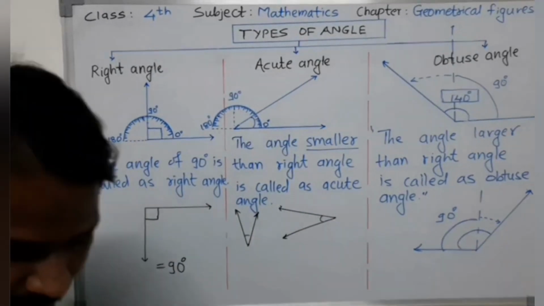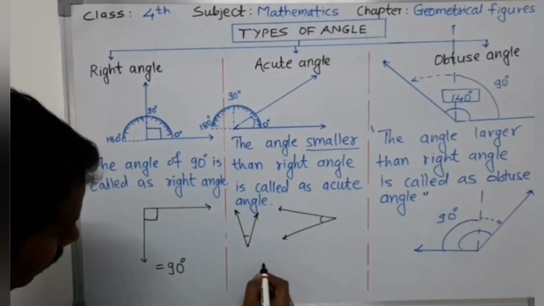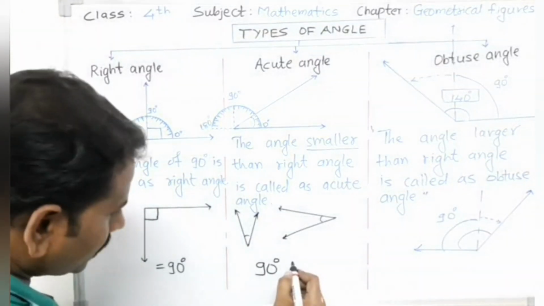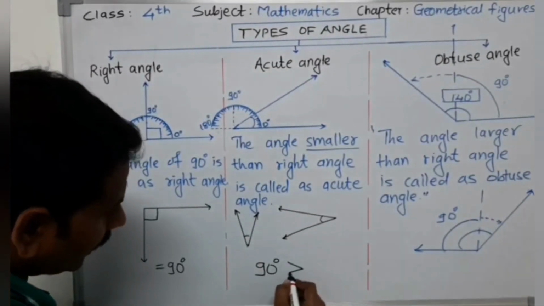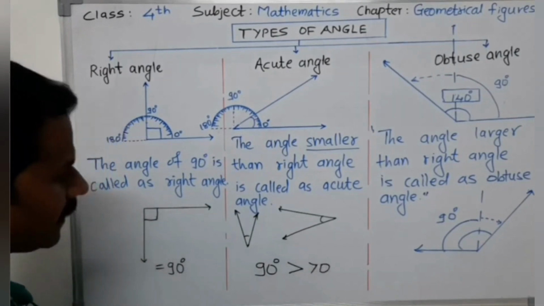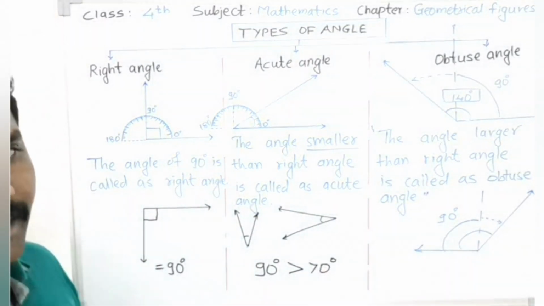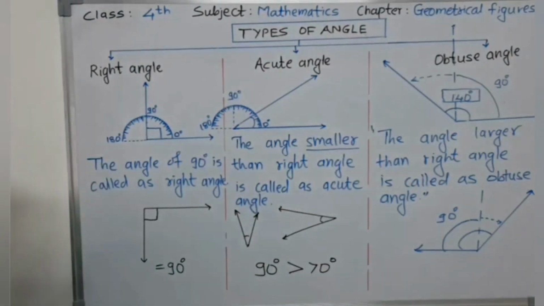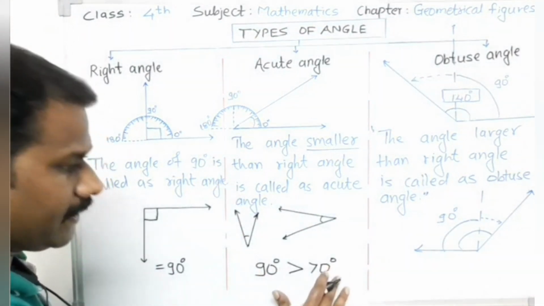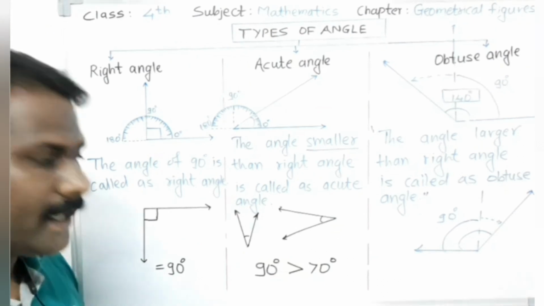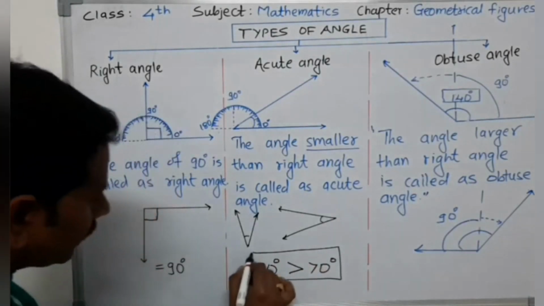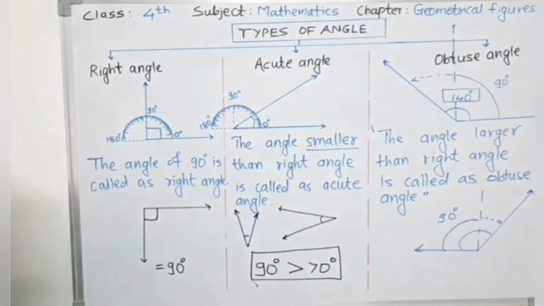Then definitely we can say like this. The angle which is smaller than 90 degree, that is what we can draw like this. Smaller than 90 degree means it may be 70 degree, it may be 60 degree, it may be 80 degree, but not 90 degree or more than 90 degree. So the angle which is smaller than 90 degree is the acute angle.